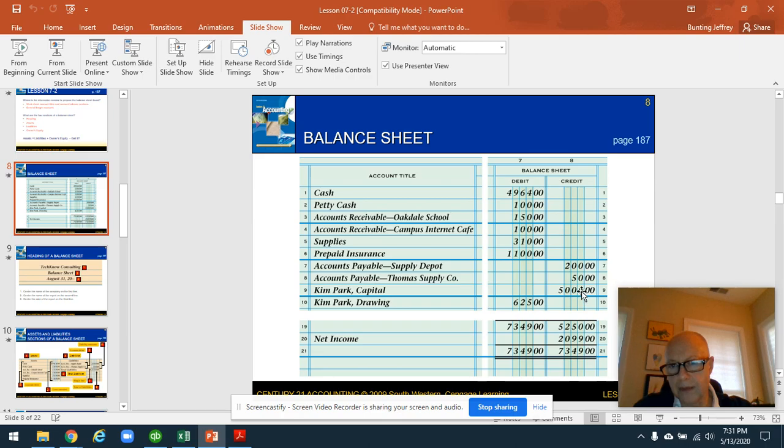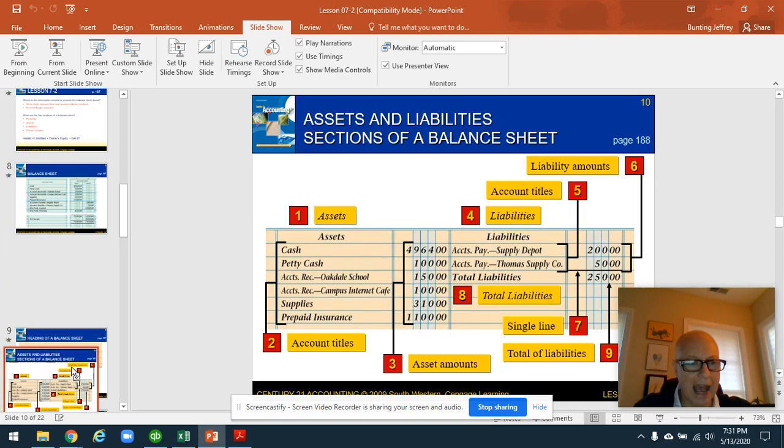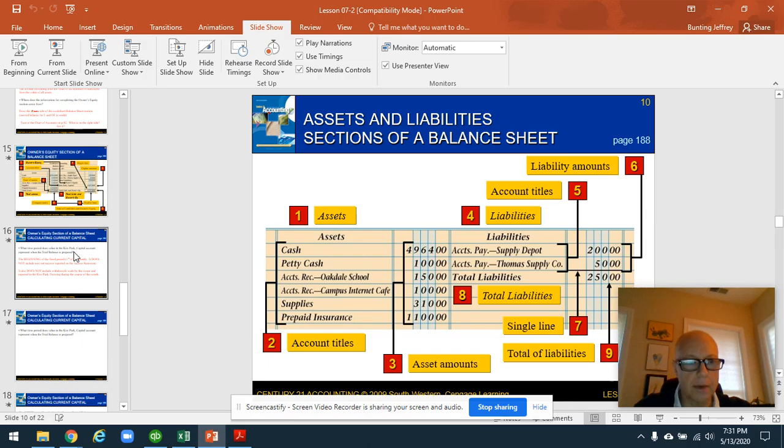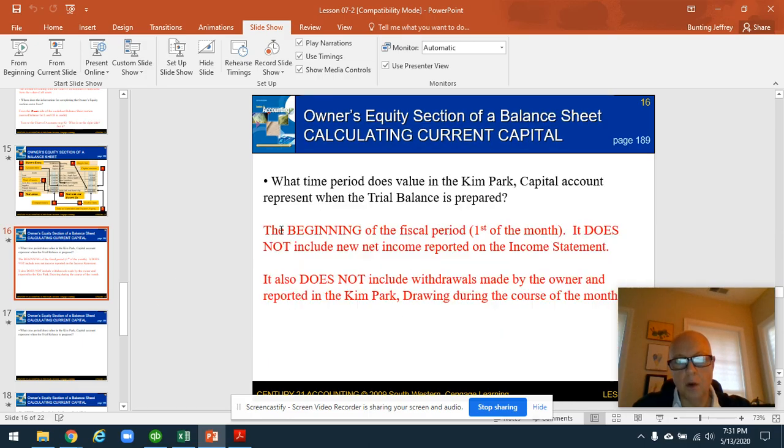So we start with 5,000, but this does not equal 6,474, does it? No, it does not. We have to actually go and run a little bit of math on it. So let's talk about doing that for a second. We've got to add in net income, and then we've got to subtract out drawing to get the current capital. That's how much we've got in the bank account today. Not yesterday, not tomorrow, today.